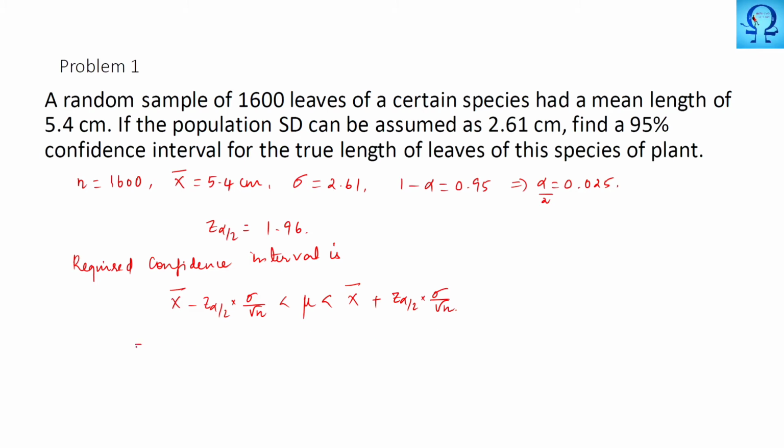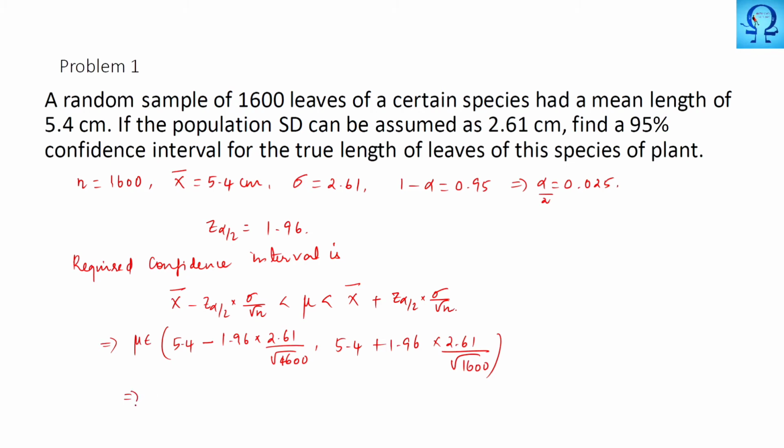So here mu will be in 5.4 minus 1.96 into 2.61 divided by under root 1600 comma 5.4 plus 1.96 into 2.61 upon under root 1600.